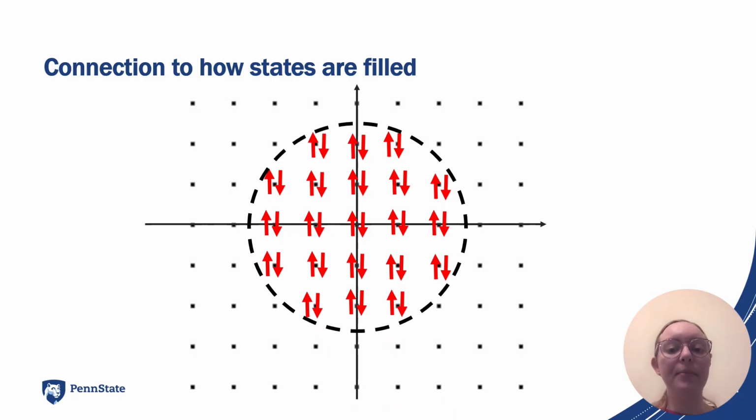So the size of what we're going to call the Fermi surface, or in this case a Fermi circle, will be dependent on how many electrons there are within the material that you're looking at. This Fermi surface is a surface such that all states inside the surface are filled with electrons and the states outside of the surface are empty.